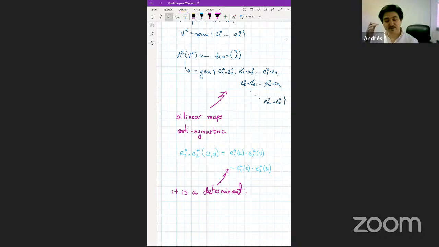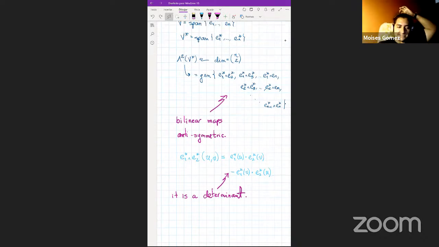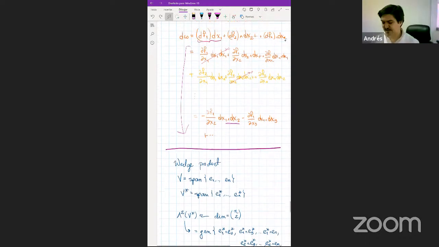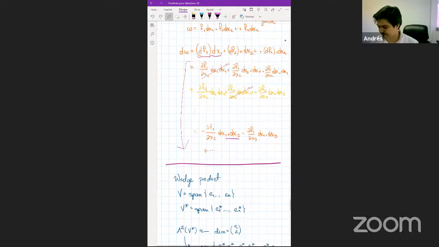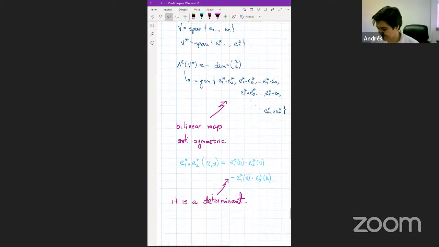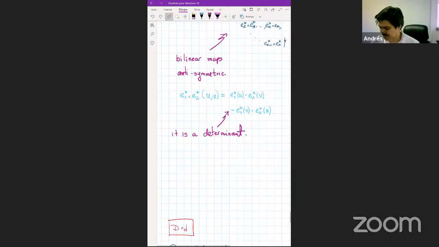So does this answer your questions, Moises? Yes. Thanks. So it is true, but not because of the differential, just of the wedge product. Okay. Any more questions?